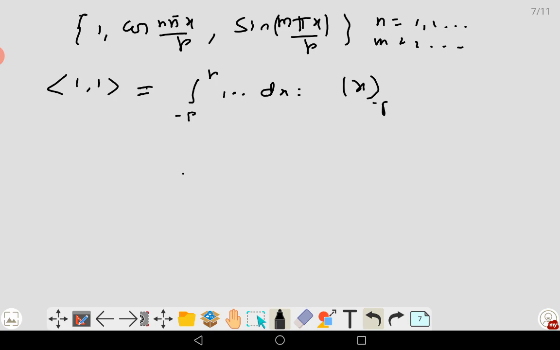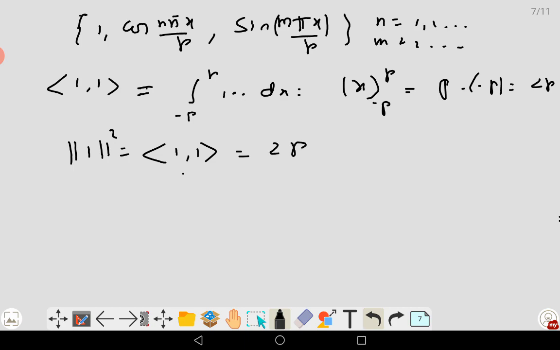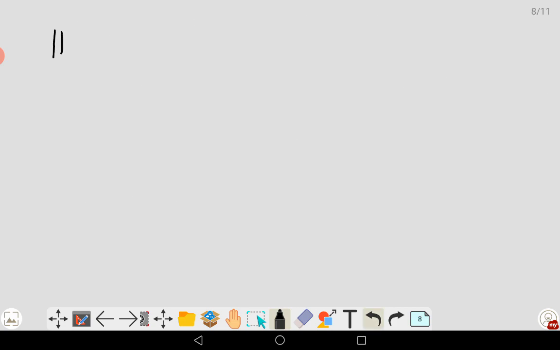So x from negative p to p, p minus of minus p, which is 2p. That is norm of 1 square, which is inner product of 1, 1, it's 2p. Therefore what is the norm of 1? Square root of 2p.